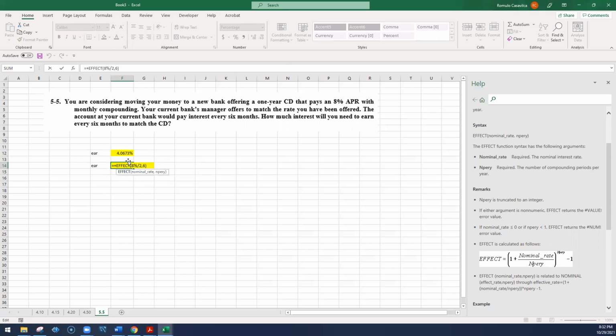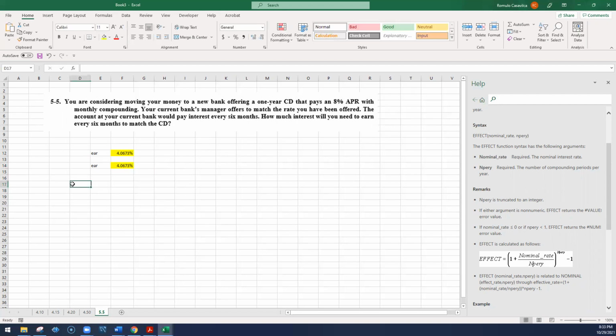But this one, to me, is like a semi-annual compounded rate. Yeah, it looks like that. That's what I thought. But that's how this equation is.